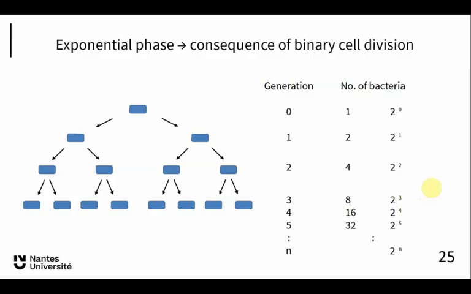So you have a very direct mathematical relationship between the number of generations and the number of bacteria that you have. It's basically just these powers of 2, okay? So in generation 0, you have 2 to the power of 0. First generation, 2 to the power of 1, 2 squared, and so on.